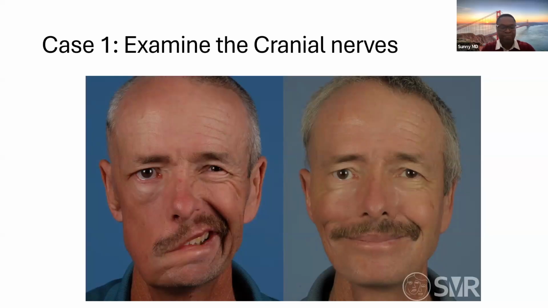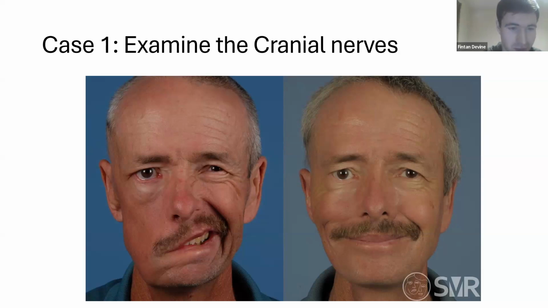Okay. So I've examined this man who appears to be in his 60s or 70s. My main positive examination findings are weakness affecting the right side of his face, as well as loss of sensation on the right side of his face in the V1 and V2 distribution.